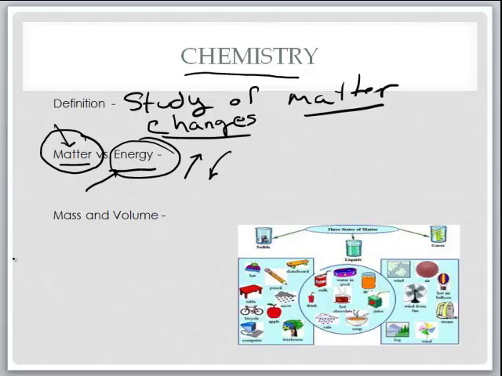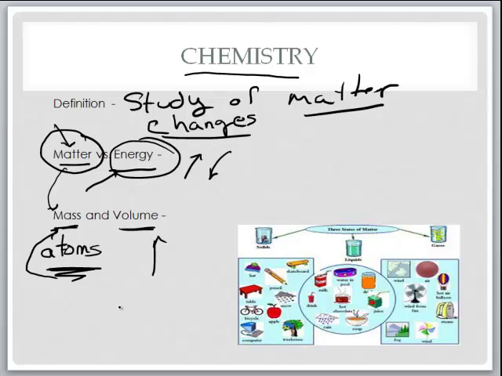The other thing that we're going to be talking about a lot with chemistry in terms of matter is mass and volume. So we just want to define those two terms first. First of all, mass is anything that contains matter, and anything that contains matter contains atoms. So as we're talking about atoms from the periodic table, we're talking about mass.